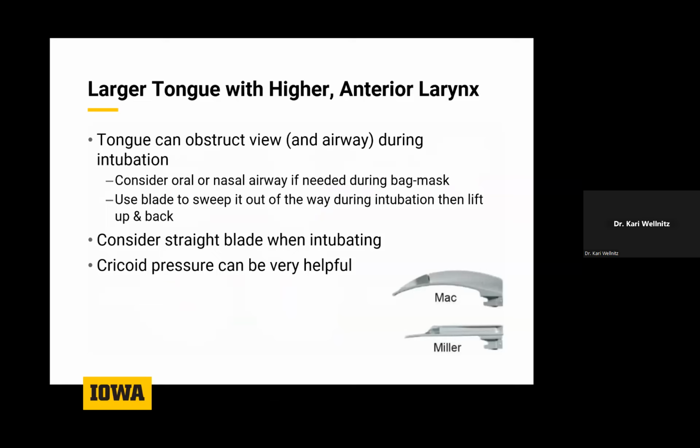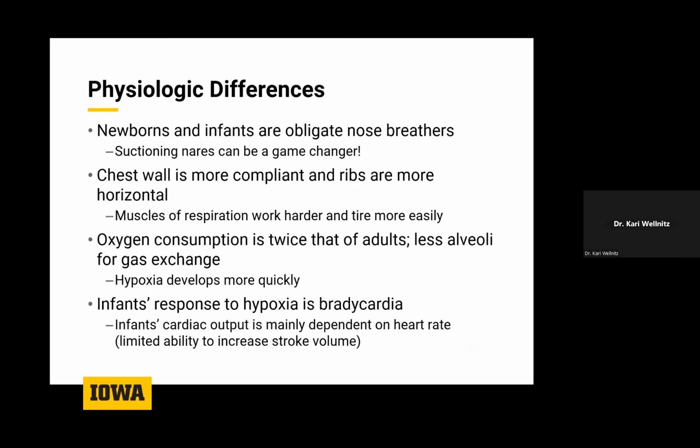When you're lifting up to intubate, you don't rock back and forth, but lift up and pull back at a 45-degree angle. Cricoid pressure can be very helpful with anterior airways, bringing it into your field of view. And for young children, using a straight blade can also be helpful in dealing with their specific anatomy.